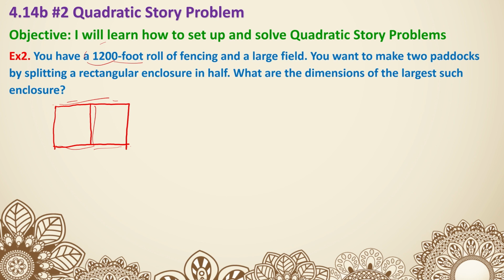So you actually have a length, another length, a width, and another width. So in the previous example, you only have these, so it's going to be 2L and 2W. But for this one, since you have one thing to split in the middle, well, you actually have an extra width. Some of you might be like, well, how do you know it's going to be an extra width?